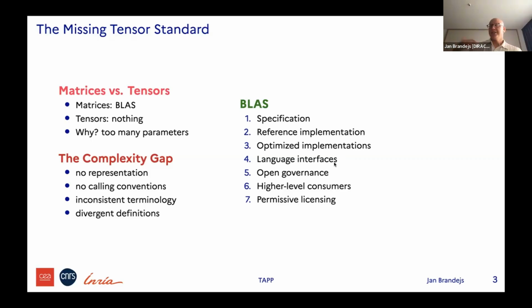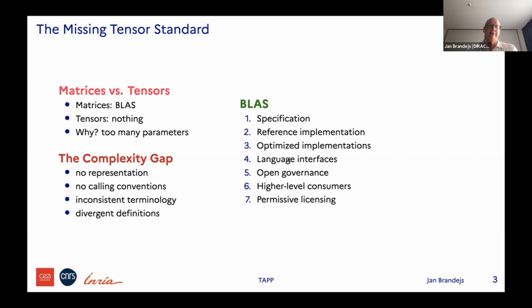And then it is interfaced to multiple languages like Fortran, C++, and others. It has open governance and high-level consumers like libraries such as LAPACK or languages like MATLAB, for instance, and permissive licensing.